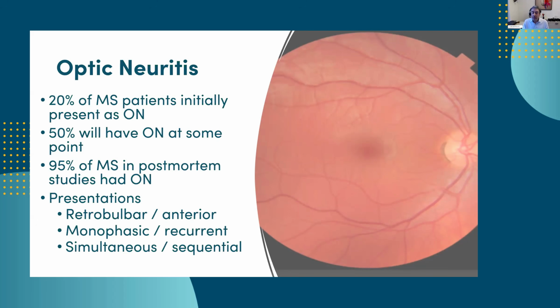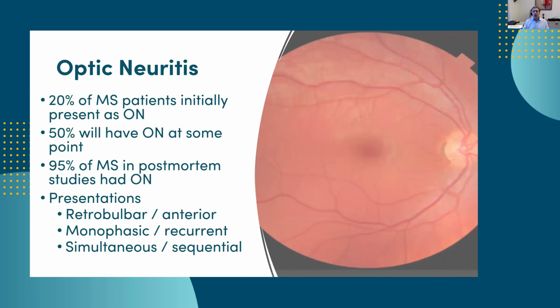Even more relevant here is the fact that when we do post-mortem studies, in people that have passed away with multiple sclerosis and they donate their brain, they donate their eyes for us to study them, it has been identified that even though as you are alive, only half of them will have optic neuritis, actually, up to 95% of the people with MS will have evidence of damage of the optic nerve secondary to multiple sclerosis. So it's a very common location to have problems with MS.